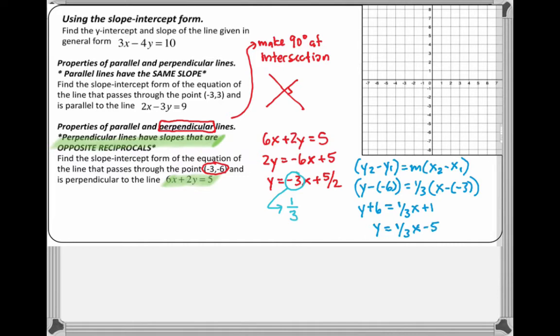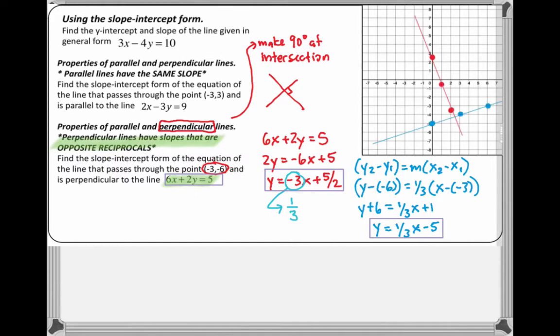Okay, so this is going to be the line that is perpendicular to this, which we wrote as that. And so we're going to graph these out real quick and see if it does what we say it should do.